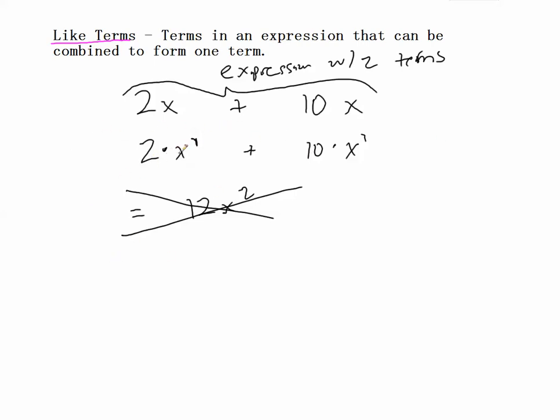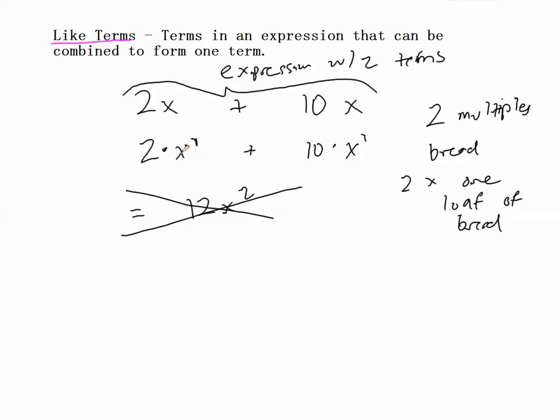Multiplication means copies, right? If I have two multiples of, let's say, bread, then what I'm really saying is that I have 2 times one loaf of bread. In this case our bread is the x, and we're saying we have 2 of these, and then over here we have 10 more.